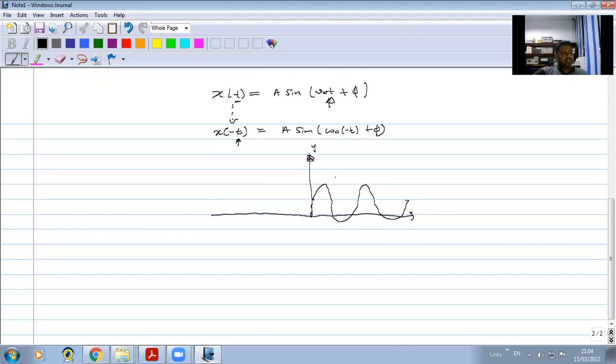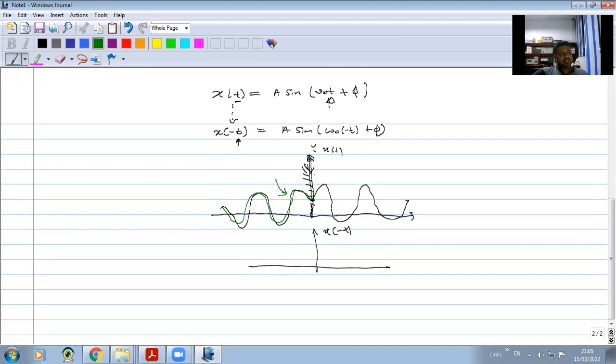If you get x(-t), it will get the image. That means the y-axis acts as a mirror, so you can see the image here. The image will look like this. This is the time reversed signal.